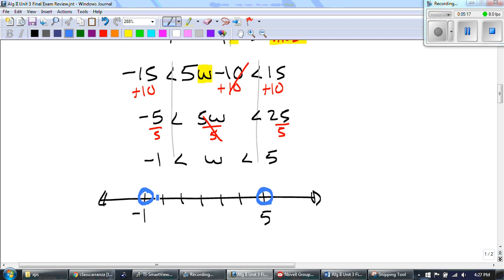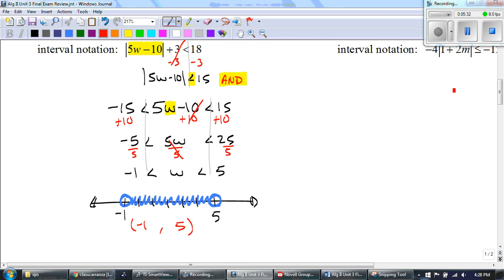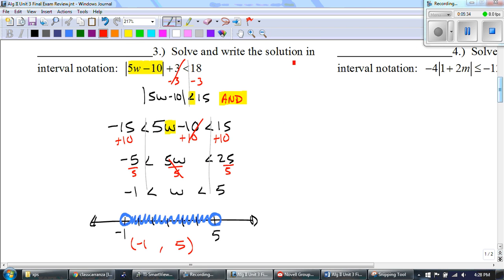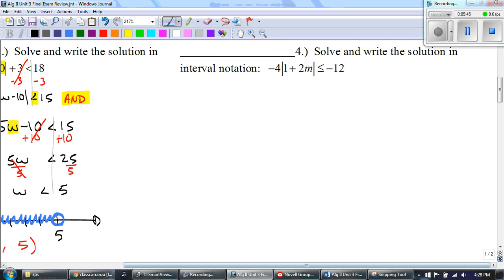The w is in the middle, so I shade the middle. That helps us figure out that this is open at negative 1 and open at 5. So that is my interval notation. Maybe I'll put a graph on that so you guys don't have to draw it by hand.